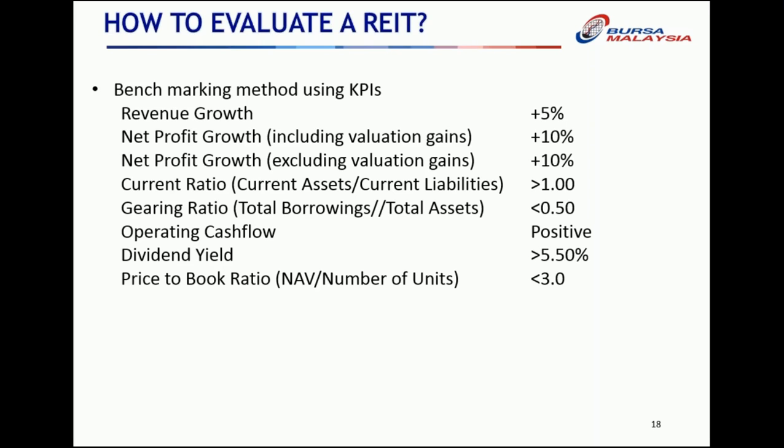Now, sometimes the current ratio may be less than 1, but that company can still be considered financially sound. That is why we need to look at the gearing ratio.